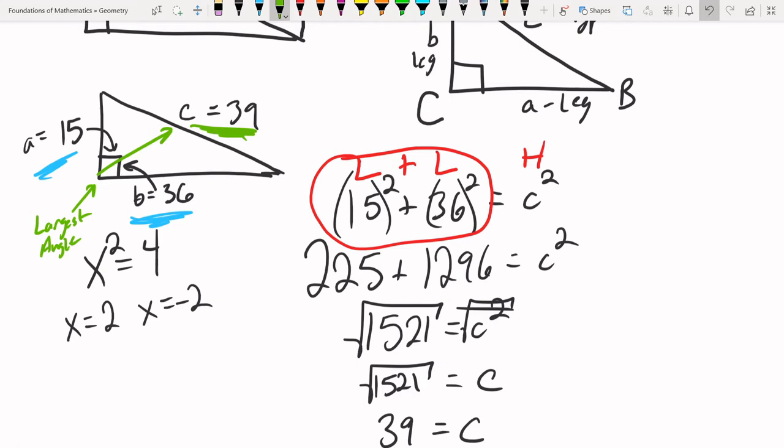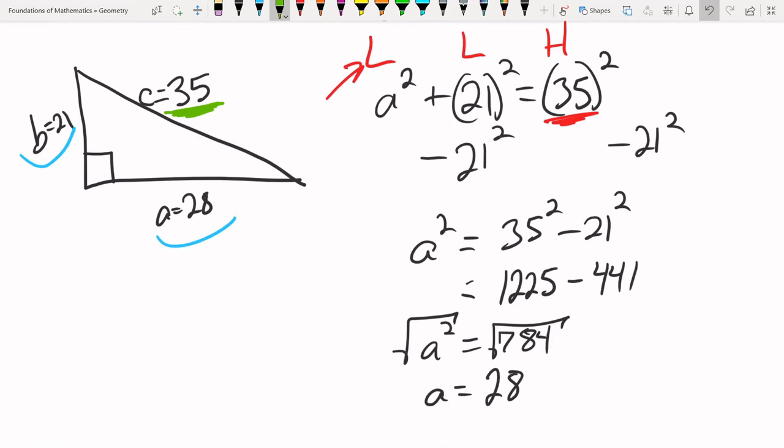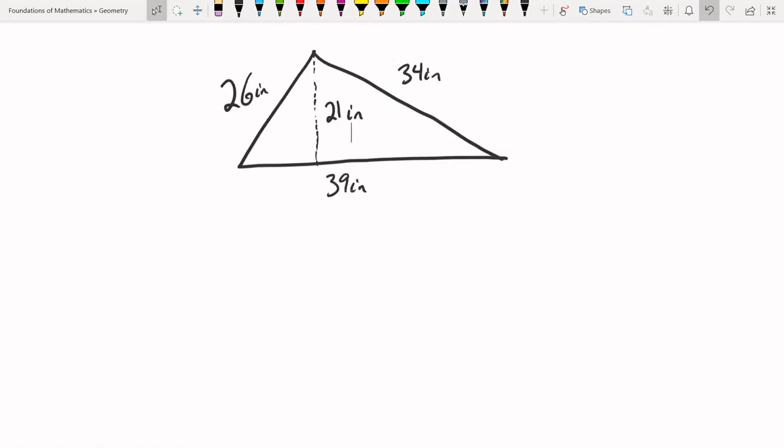There's also a triangle inequality that proves this as well. But you need to have the hypotenuse being the longest side. If for some reason you do not have it in your problem, then that means you did something wrong. The hypotenuse will always be the longest side. The perimeter of a triangle is found the same way as in other polygons.